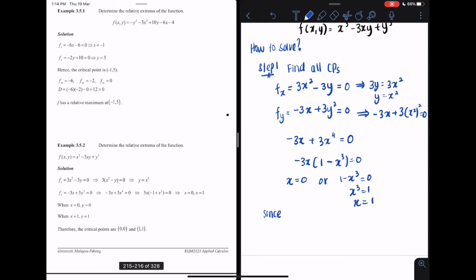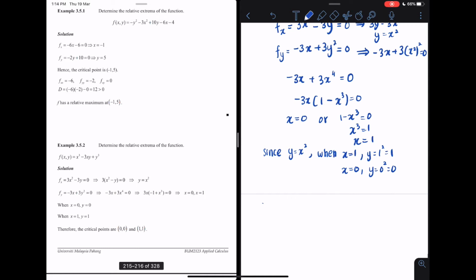Since y equal to x squared, when x equal to 1, y equal to 1 squared. When x equal to 0, y equal to 0 squared. Therefore, I get two CPs such as (0, 0) and (1, 1).